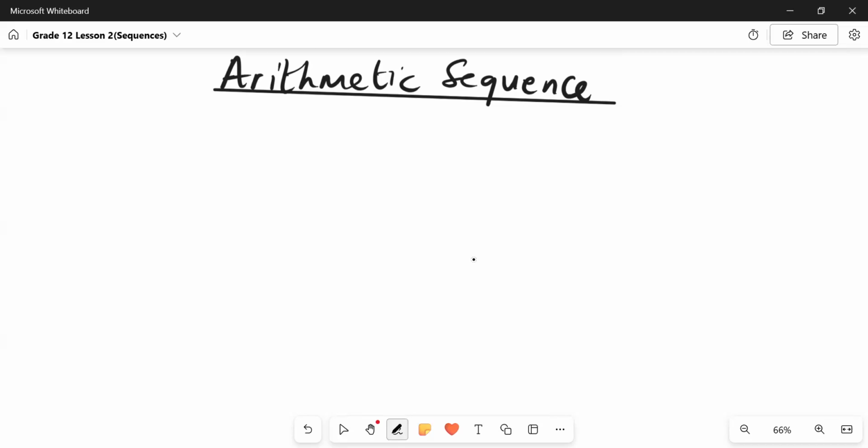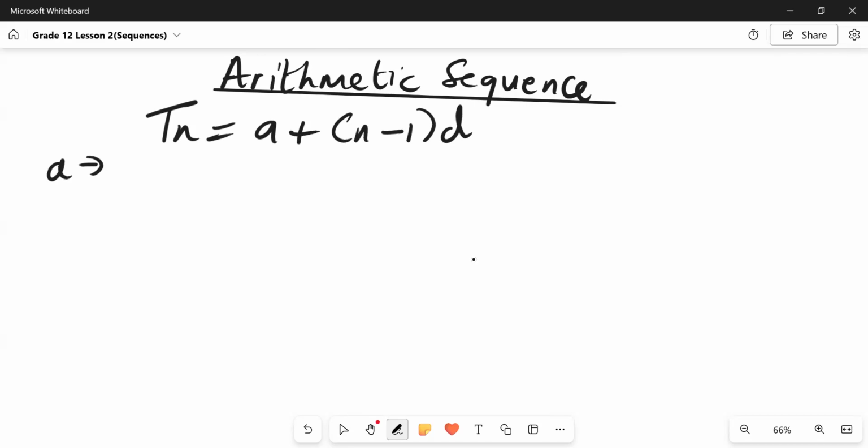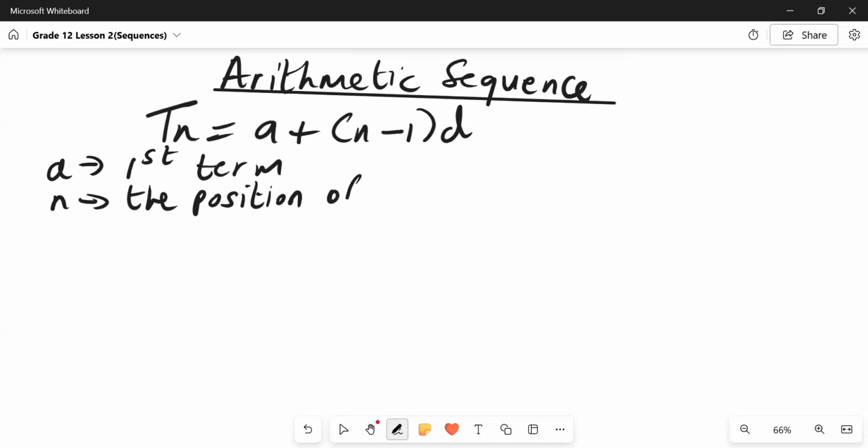It is given as Tn equals a plus n minus 1 times d, where a is our first term and n is our position, the position of the term in the sequence.